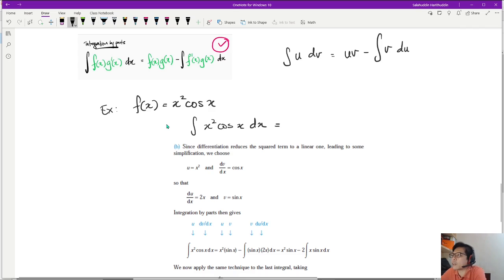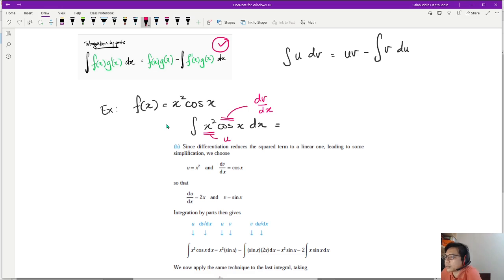What it's doing is setting up this part here, x squared, as u, and then setting up this part here as dv/dx. So let me rewrite that.